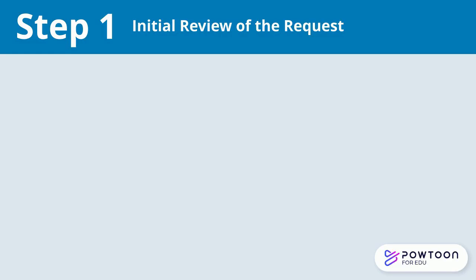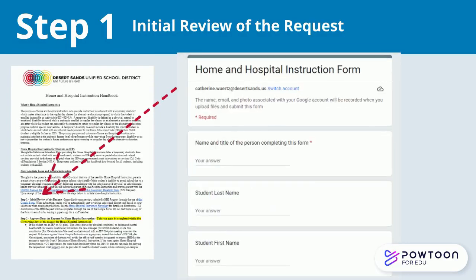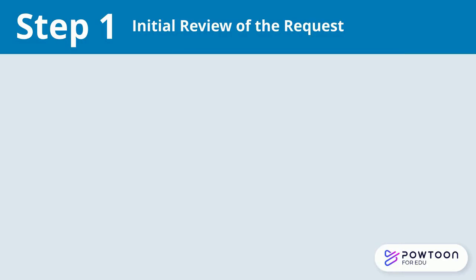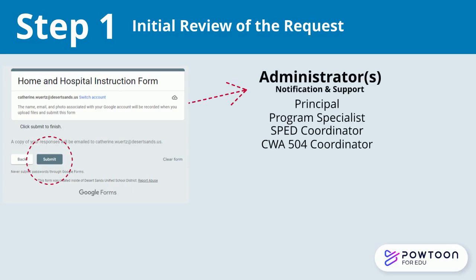The Home Hospital Instruction Handbook contains a link to a Google form that has been created to manage all home hospital requests. Immediately upon receipt, the office staff designated to process home hospital requests must submit a copy through this Google form. Upon submission, various school staff will receive a copy of the request. For the purpose of notification and to provide support, a copy will go to the site principal.